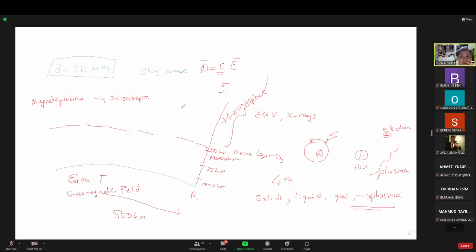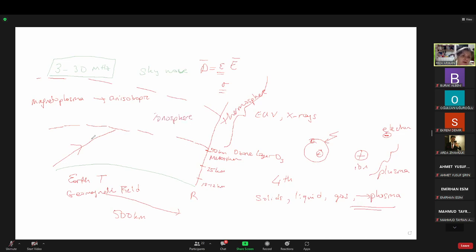As you transmit a wave into the ionosphere, that's why we call it the ionosphere, because it's filled up with ions. It's a plasma environment.